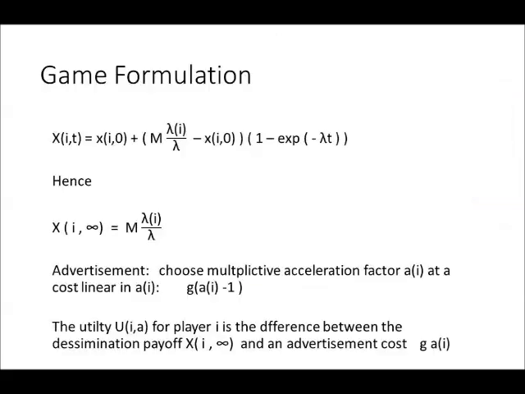We now present a game formulation of the problem. Our starting point is the formula for the time evolution of the number of contaminated nodes, or nodes that have copies from the content of source i. This is what precisely node i wishes to maximize at some very large time. So let us look at t goes to infinity.